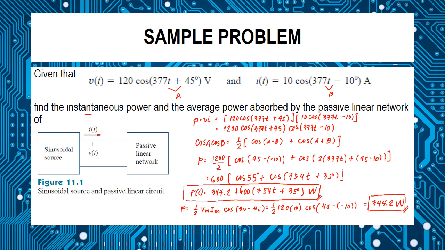So in the instantaneous power, we have the 344.2, and that is also equal to our average power. So that means the constant part of the instantaneous power is equal to the average power.